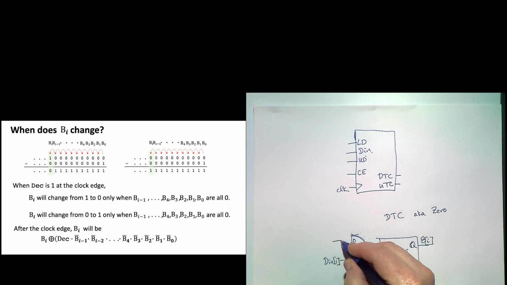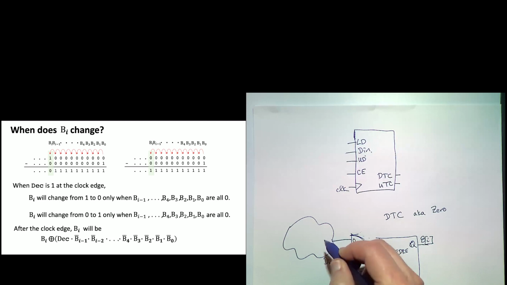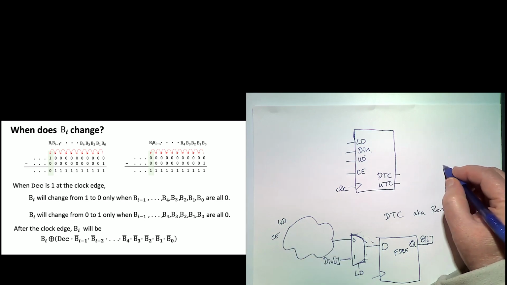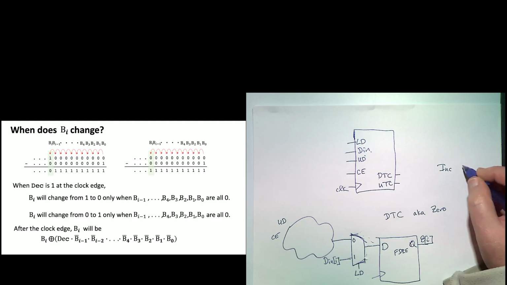Then if you're not loading, if load is 0, what gets loaded in here? Well, this is going to depend on up-down and CE. The increment that we were using is basically CE ANDed with up-down. I'll use Verilog since I made a point of that.